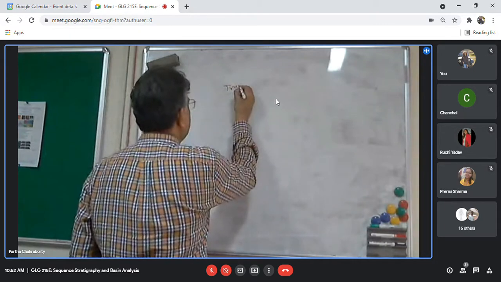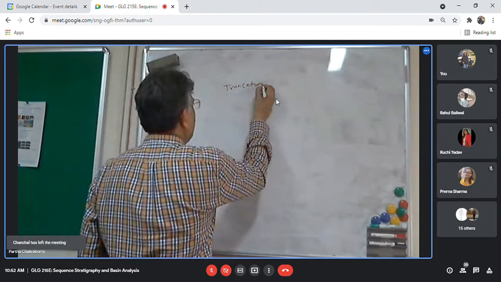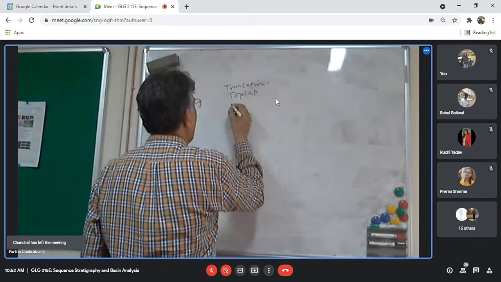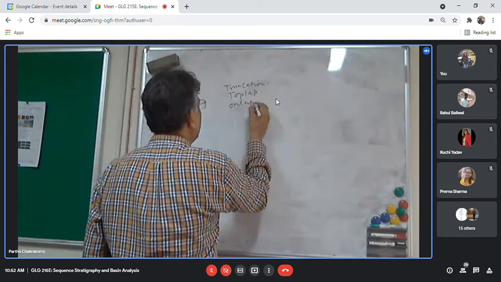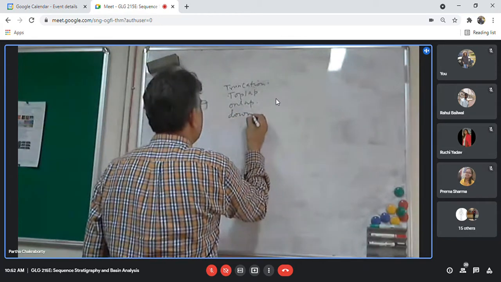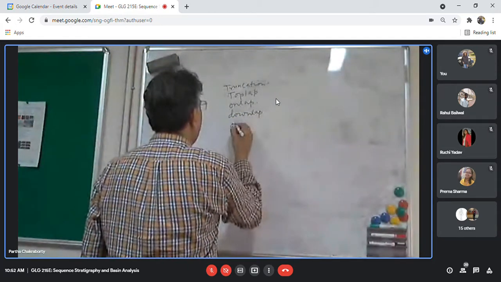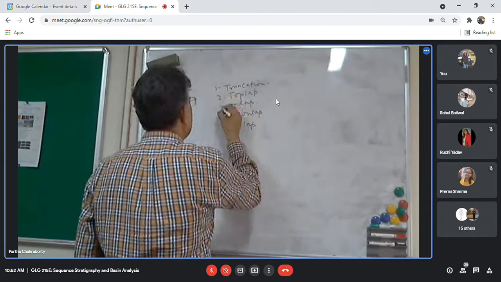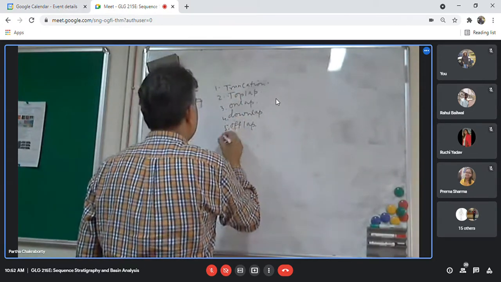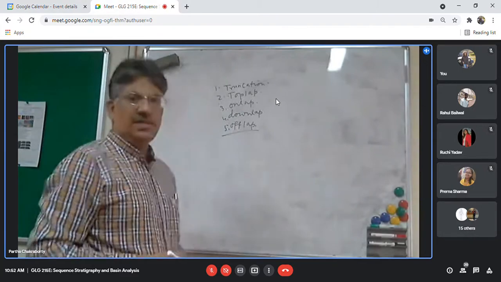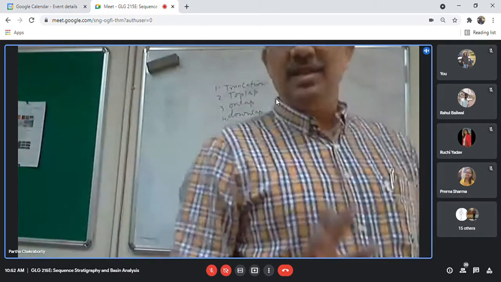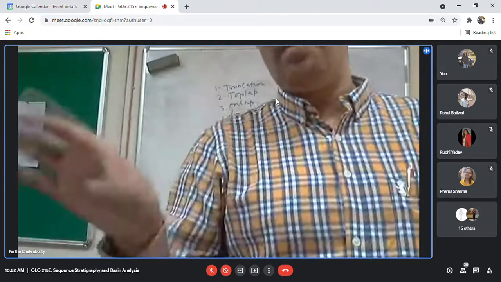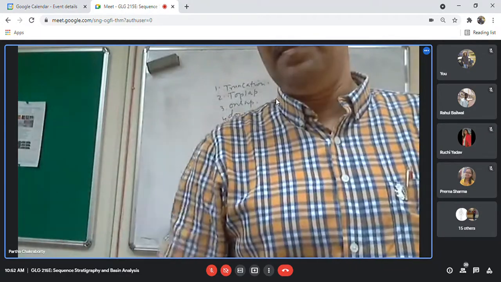Truncation, top lap, on lap, down lap, and off lap. This is 1, 2, 3, 4, 5. These 5 surfaces: down lap surface, off lap surface, on lap surface, top lap surface, and truncation.